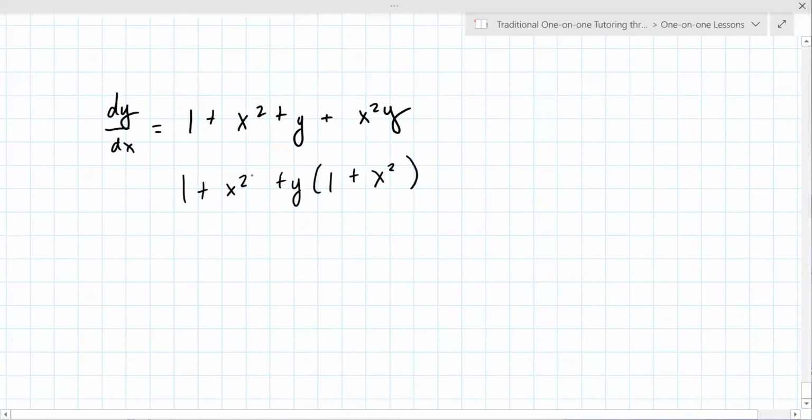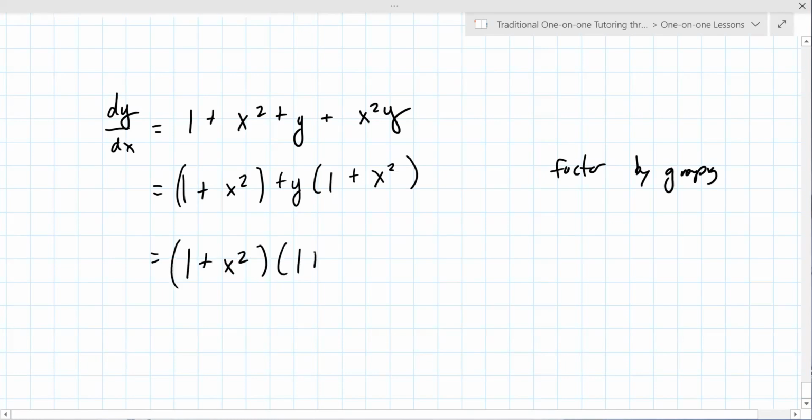And then I'm really excited because I got the same thing in both. So now you can factor it out. You're factoring by grouping here, basically, because you don't add and subtract things, at least not in this course. So it's 1 plus x squared times 1 plus y. Now I can divide both sides by 1 plus y.